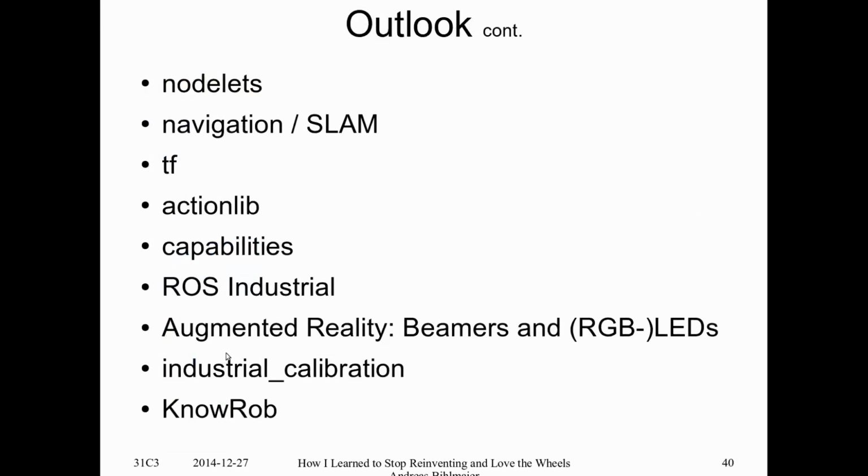Then there's also the possibility of using shared memory transparently within the same host instead of using local loopback, for efficiency reasons. There's GPU processing. You can do SLAM, simultaneous localization and mapping, which means you put your robot here, it drives around, and while it drives around, it builds a map and localizes itself within the map it just built.